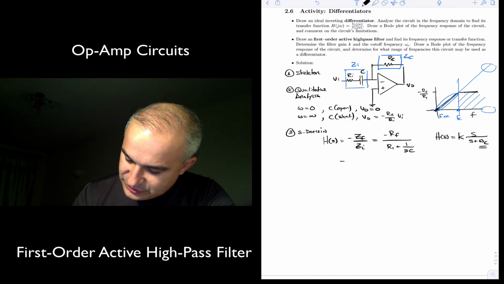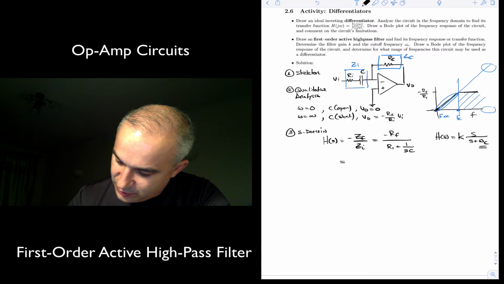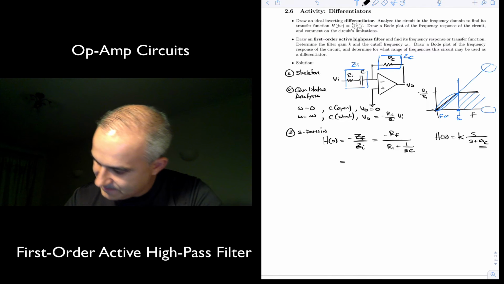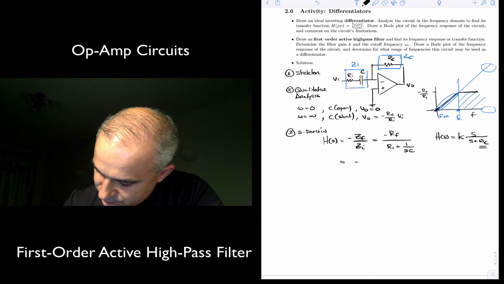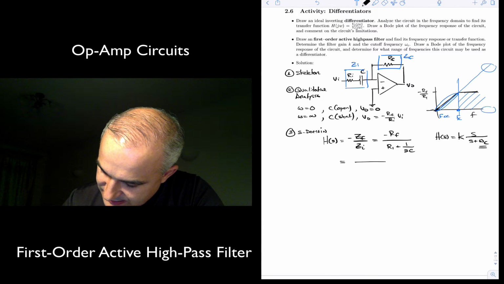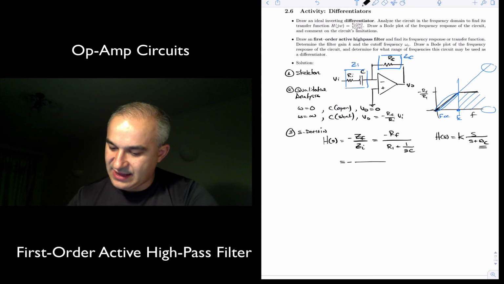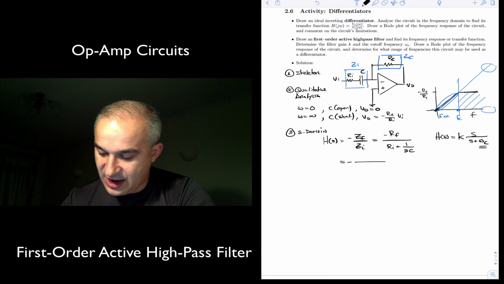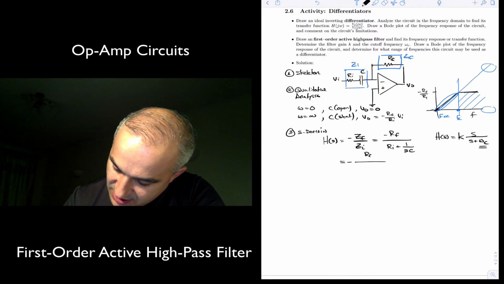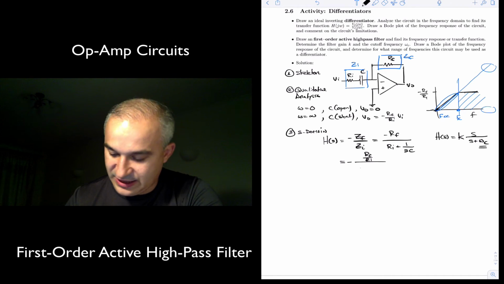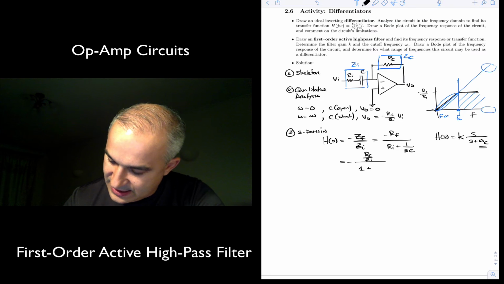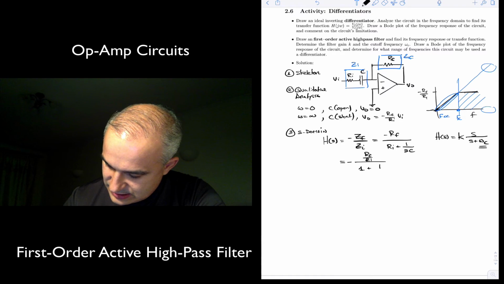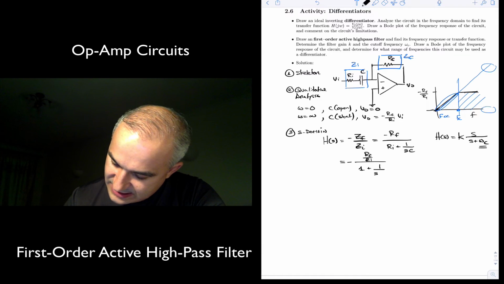Let's do some algebraic manipulations. Why don't we divide everything by Ri, and we get minus Rf over Ri, over Ri over Ri, which is 1, plus 1 over s Ri times C.